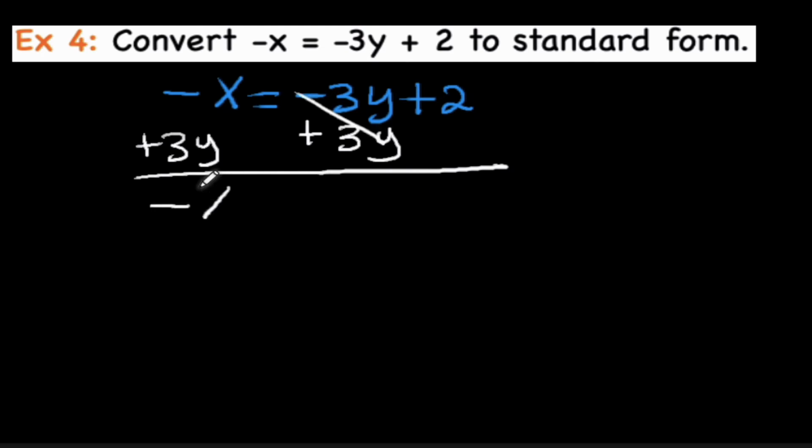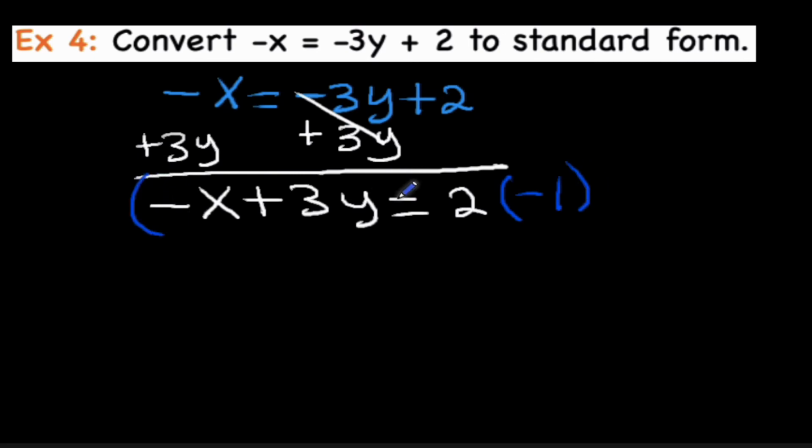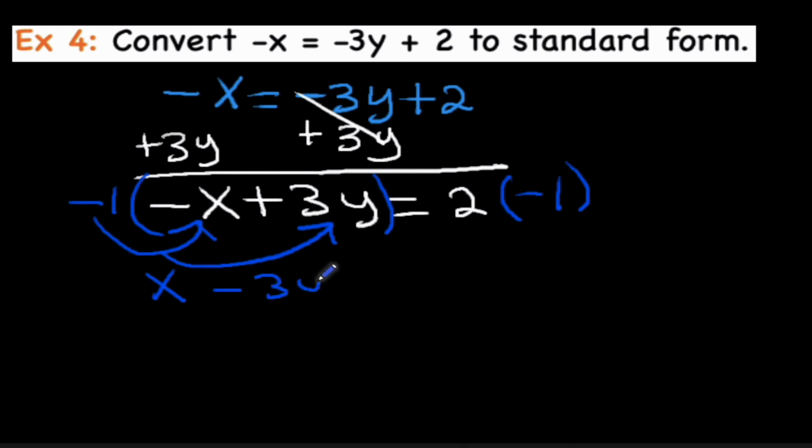Negative x plus 3y equals 2. Let's get rid of the negative coefficient on x by multiplying by -1 on both sides. Distribute the -1 to -x, which gives us positive x. -1 to positive 3y is -3y, equals 2 times -1 is -2.